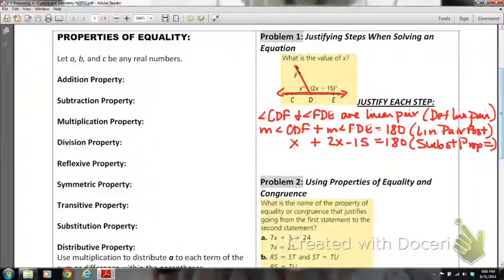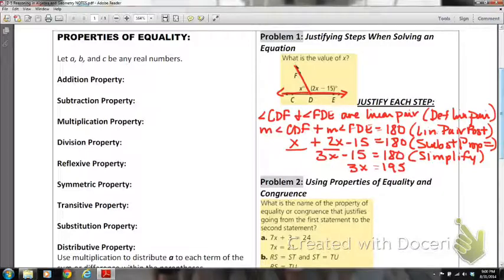Now I just need to solve this equation. So I'm going to combine like terms. You get 3x minus 15 is equal to 180. And my justification for doing that is I'm simplifying. When you combine like terms, you could say combine like terms. So now I'm going to add 15 to both sides. So I'm going to get 3x equals 195.